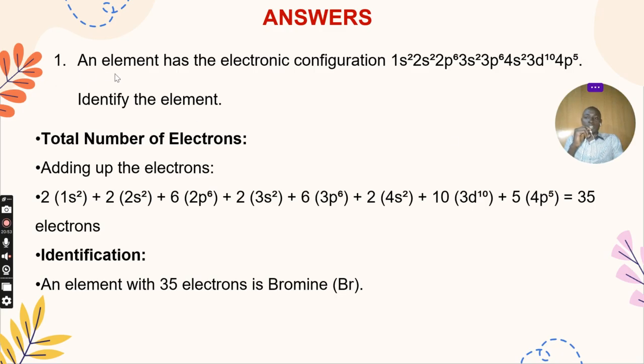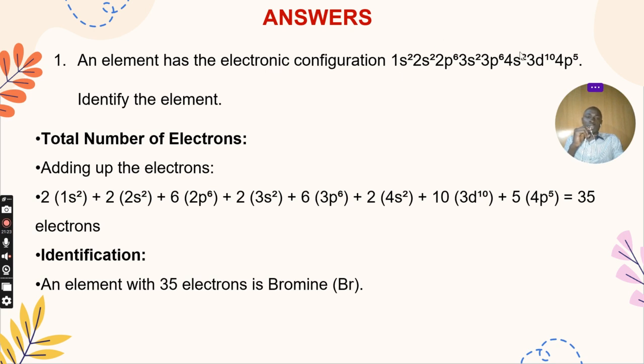So the first is, an element has this electronic configuration. Identify the element. Basically, the number of electrons will tell you the number of protons, and the number of protons in an atom is the atomic number. It gives you the identity of the element, especially when the element has not lost any electrons yet.